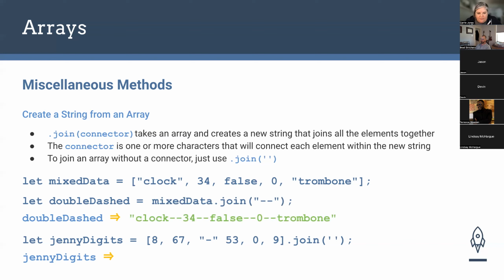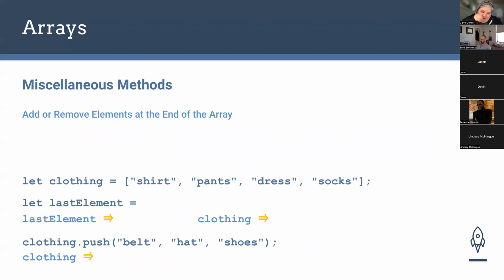Okay, I will sing it. Yeah, we'll get 8, 6, 7, 5, 3, 0, 9. Yep, you got it. Okay, you have to have fun with this stuff, guys. You have to keep it interesting. Okay, so that's pretty much that, right? Everybody clear? Join is really straightforward.